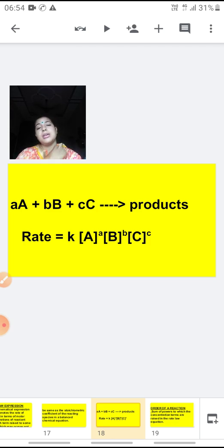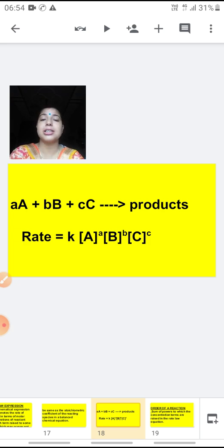Yes, it should be 0. For a zero order reaction, the powers, that is the stoichiometric coefficients in the rate law, should be 0. For a zero order reaction, the small a, small b and small c, all three will be 0.